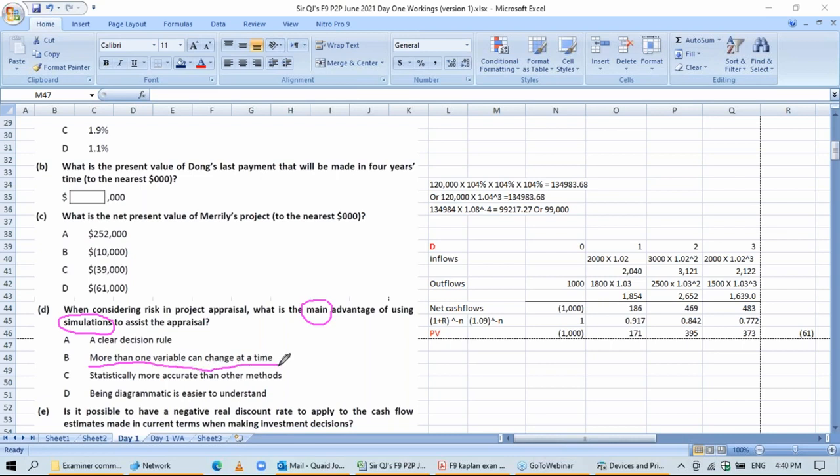This is why simulation is a distinctive technique compared to others like sensitivity analysis and expected values. Usually in case of risk and uncertainty, we use three techniques: sensitivity analysis, expected value, and simulation. So this is the correct answer to this question.